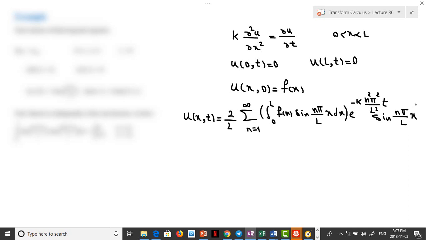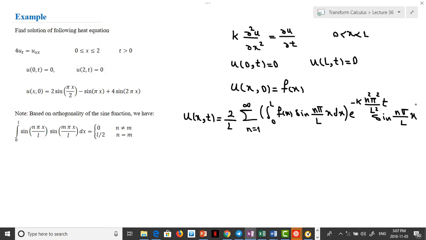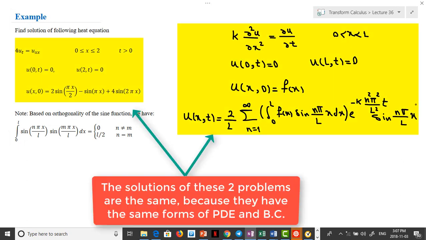So we found this solution. You can go to lecture number 35 and see this solution. I don't want to solve this problem again, because we already solved it. We just want to change the initial conditions to find what the solution would be.